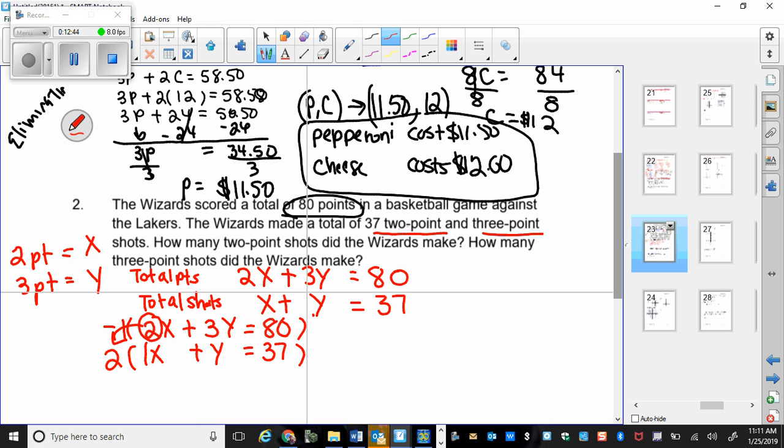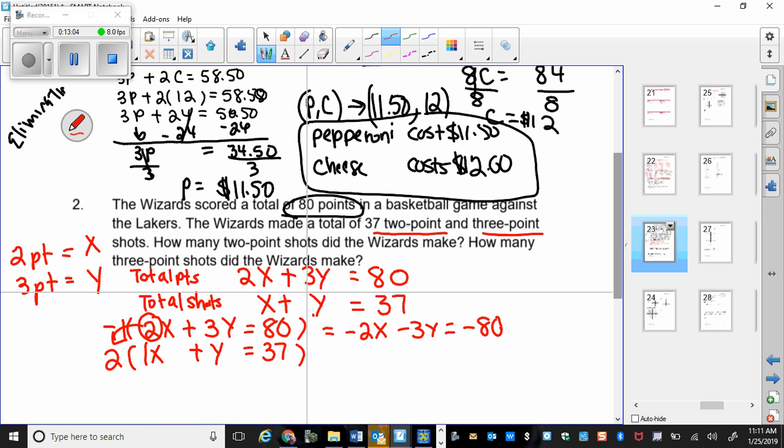On top, if 2x is positive, I get -2x. My next term, positive 3y, becomes -3y. 80 becomes -80.